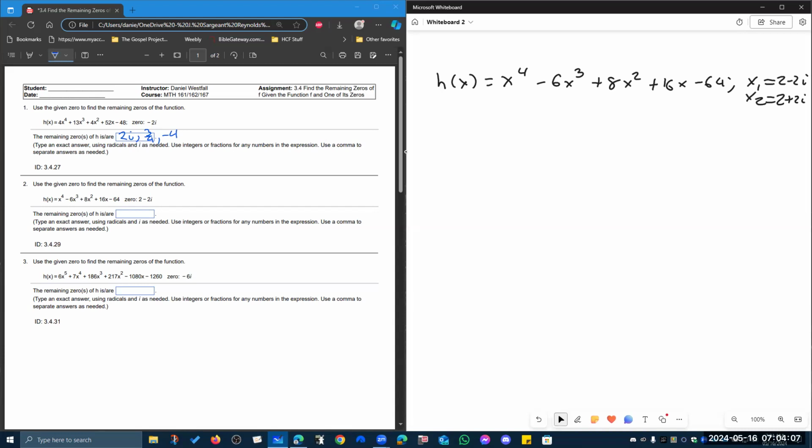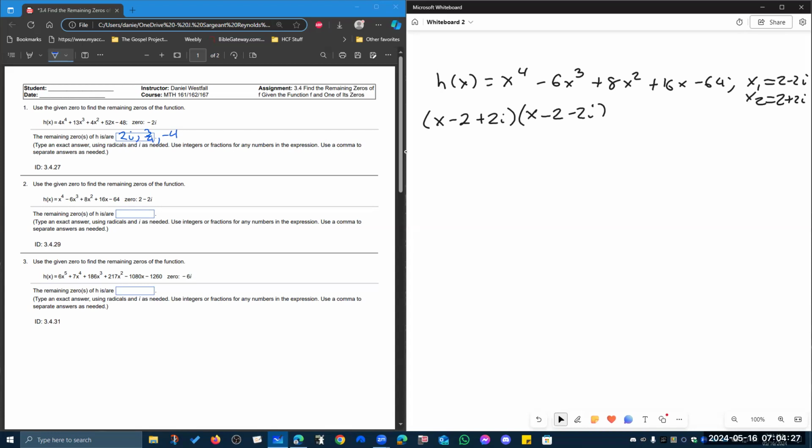We're going to turn those into factors of x minus 2 plus 2i times x minus 2 minus 2i.